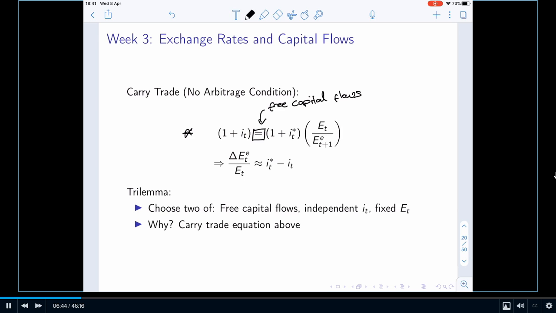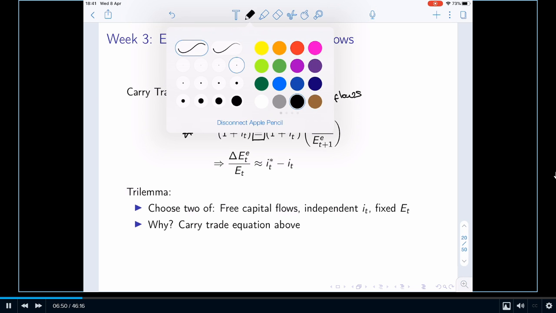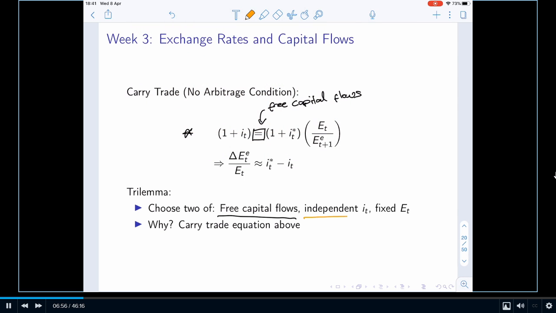So given that we have free capital flows, and that this equation therefore has to hold, it then shows us that we can only choose one of two things. So either we choose to have independent monetary policy, i.e. we set IT, in which case the nominal exchange rate has to simply adjust.